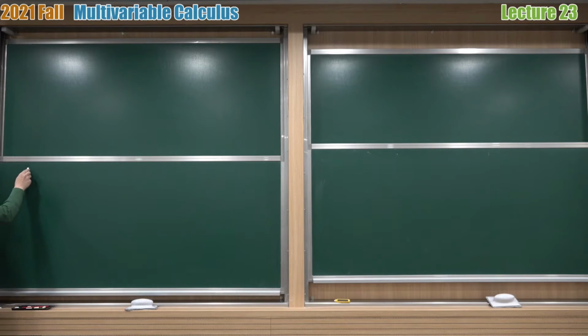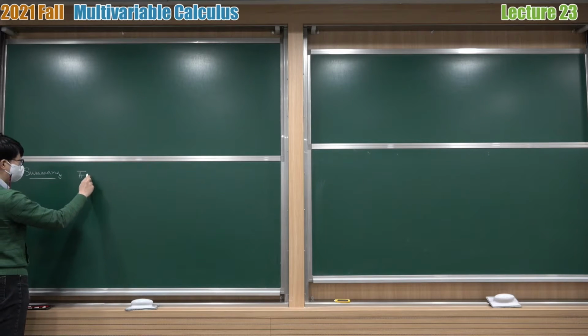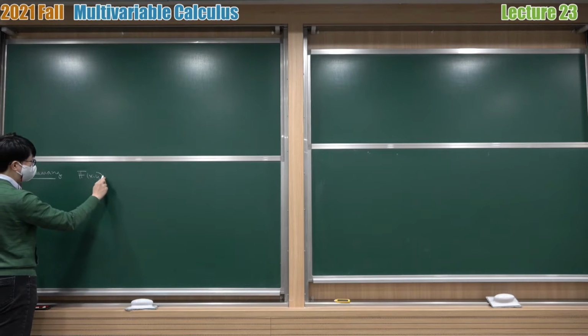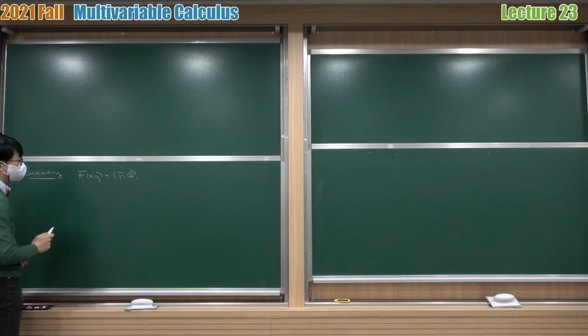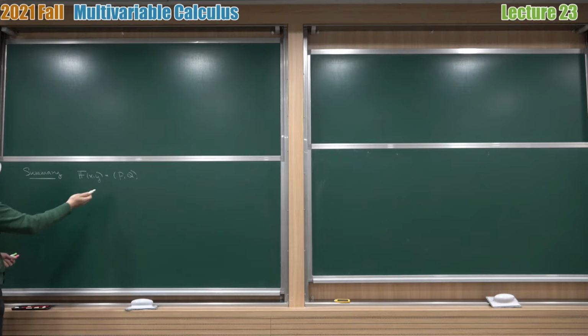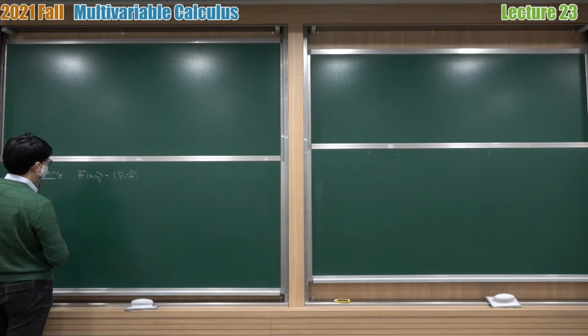So let's summarize what we have discussed last time. That is about when you have a vector field on two-dimensional space. So these P, Q are two-variable functions which constitute the x and y coordinates of the vectors in the vector field.